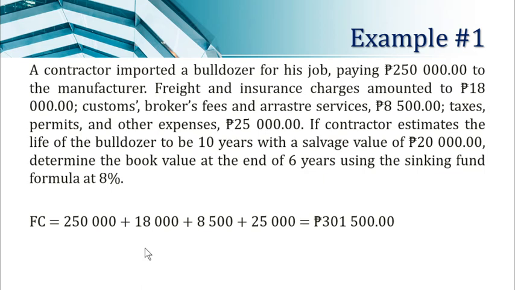I-total muna natin lahat si FC. We have 250,000 pesos plus 18,000 plus 8,500 plus 25,000. We have a total of 301,500 as our first cost. Now, salvage value is 20,000 pesos.